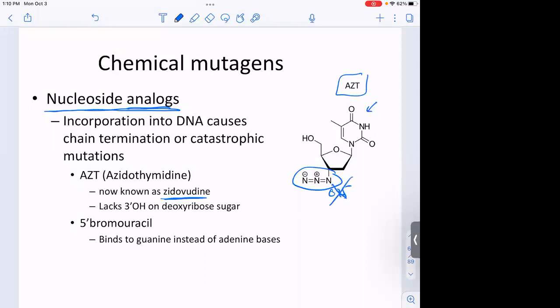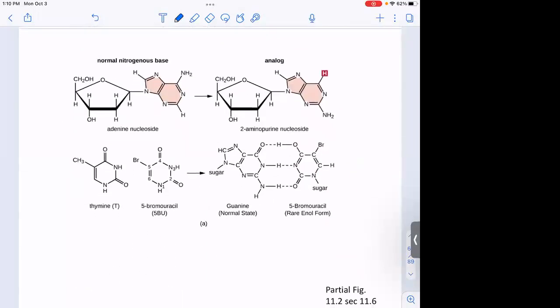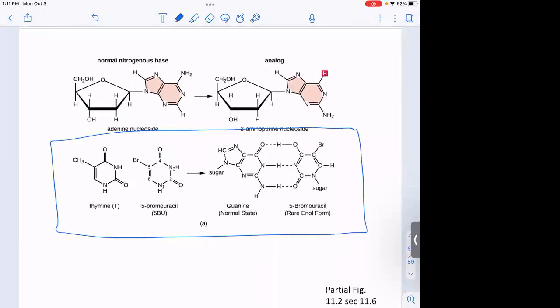Here's another one, 5-bromouracil, and this is one that they talk about in your book here. We'll draw your attention right there. 5-bromouracil is very similar in structure to thymine. The only difference right here, thymine has a methyl group and 5-bromouracil has a bromine.